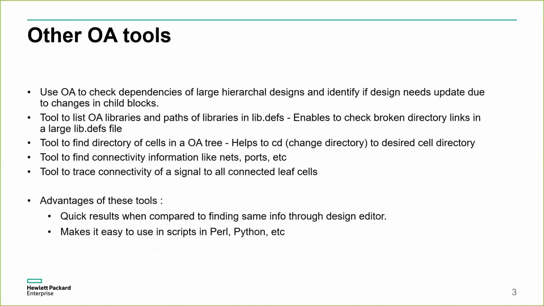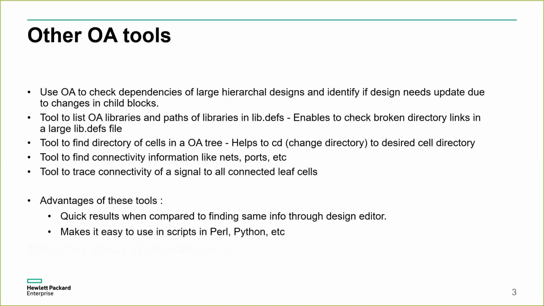It's very useful when you're setting up new work areas, when you're copying design from work areas to a local disk, or you're changing symlinks on disks when you have moved a design to another disk. And another useful tool we have is to find the directory of the cells in the open access tree, and this helps us to change directories quickly to those cells, and it's found to be useful for us.